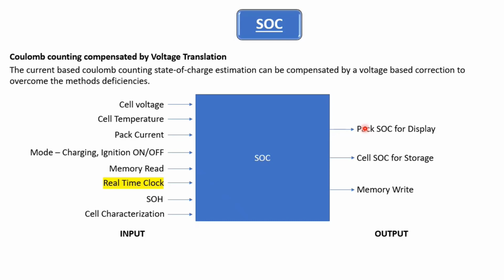No, that I understood. But whatever is displayed to the driver as the current charge, is that also an SOC or not? It is the SOC. It is the combined SOC of all the modules. Okay, fine. It is not the individual, but all the modules combined, one particular SOC.